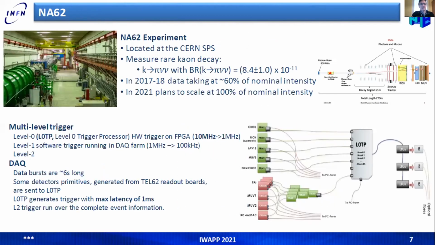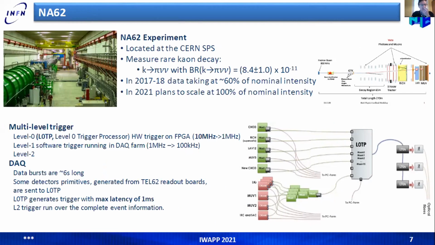What about our use case? The NA62 experiment at CERN SPS is aimed to measure the decay of the K plus into pi plus neutrino antineutrino.